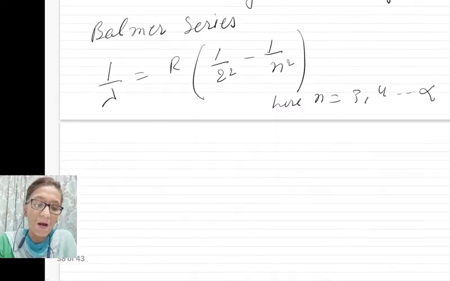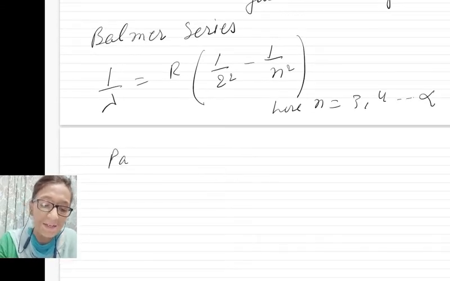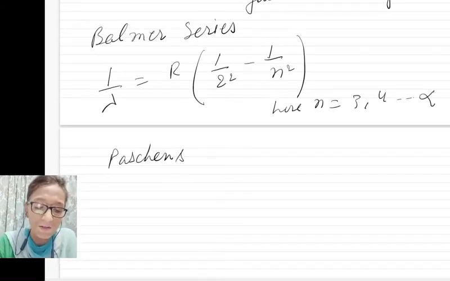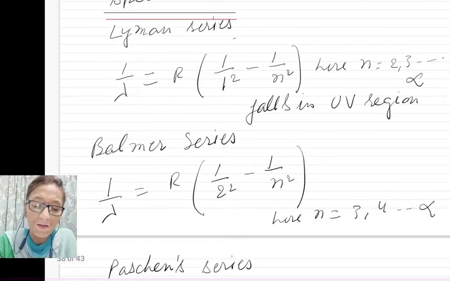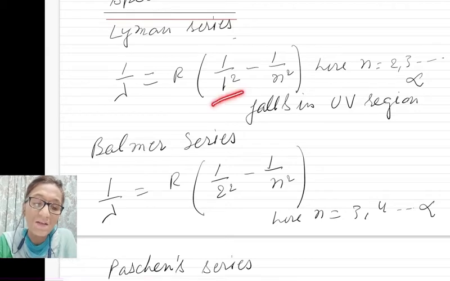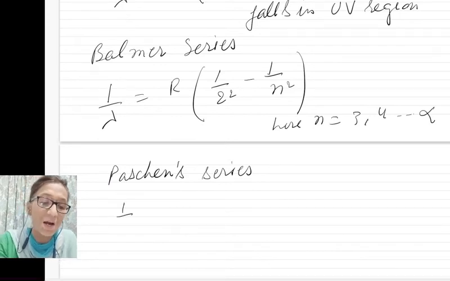Now Balmer, Lyman, or Paschen. Next series is your Paschen series. The first one starts from 1 square, the second is 2 square. Now in Paschen series, this will be 3 square.